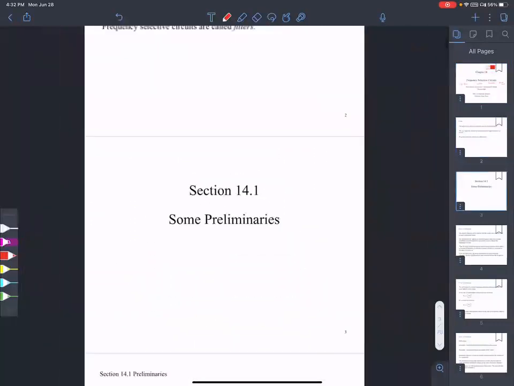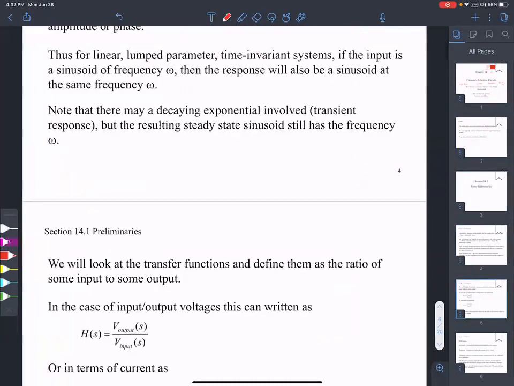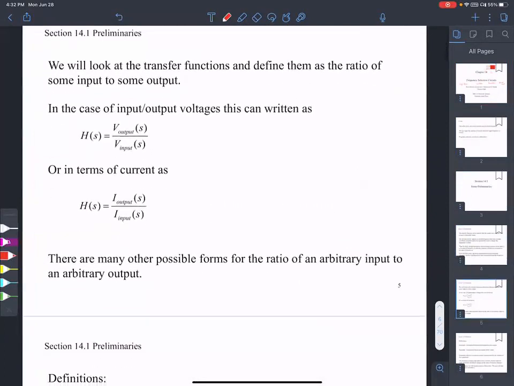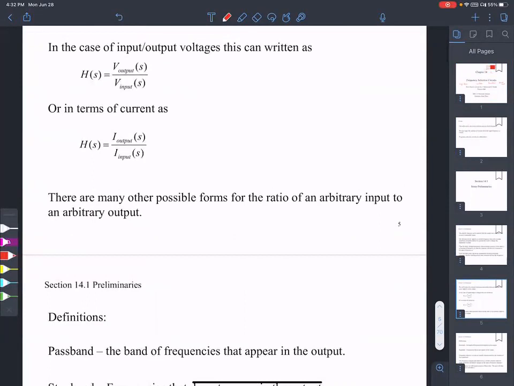Okay, let's see. I'm not going to go through all the slides here. I will quickly skim through this and then stop where I want to make a point. For example, here, output over input.